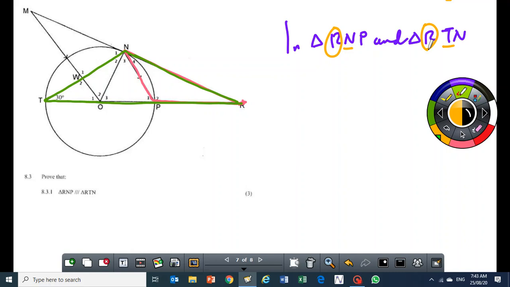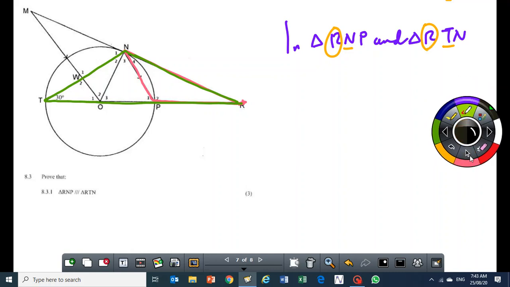Otherwise, the concept of similar triangles is a grade 8 and 9 question. So, number one, angle R is common. And then the second pair of angles will be angle N and angle T.